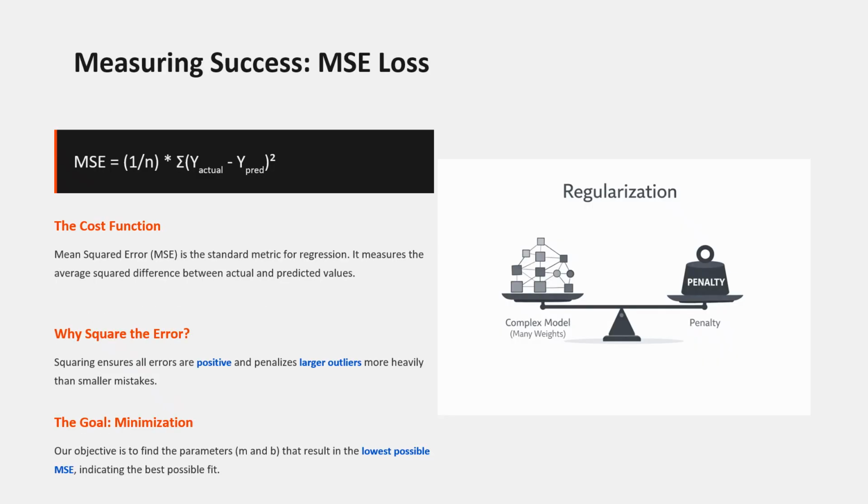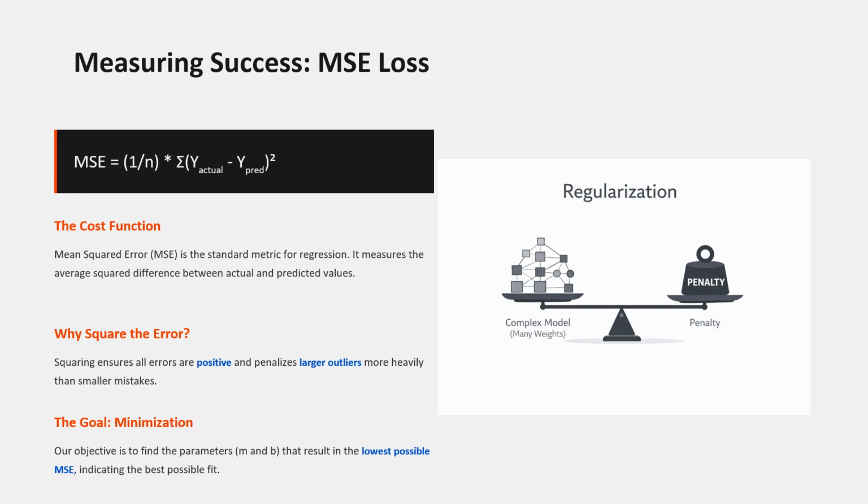So how do we actually measure if our line is the best fit? That's where MSE, which we call mean squared error, comes in. It's our go-to quality control metric for all regression models. We square the difference between what we predicted and what actually happened.